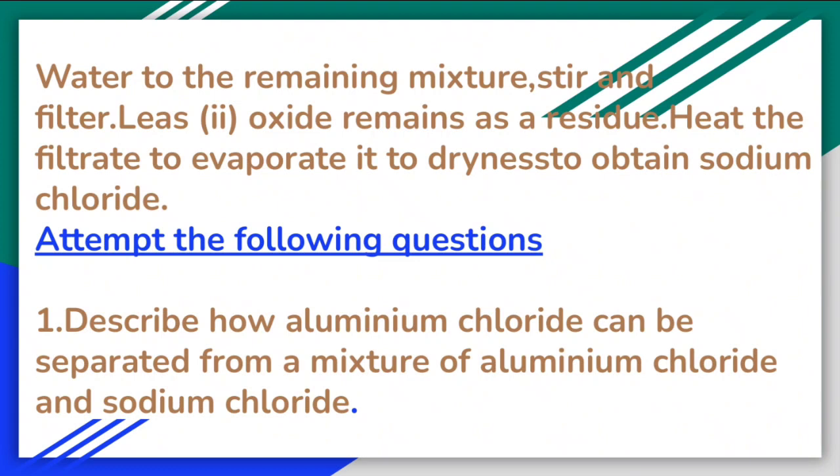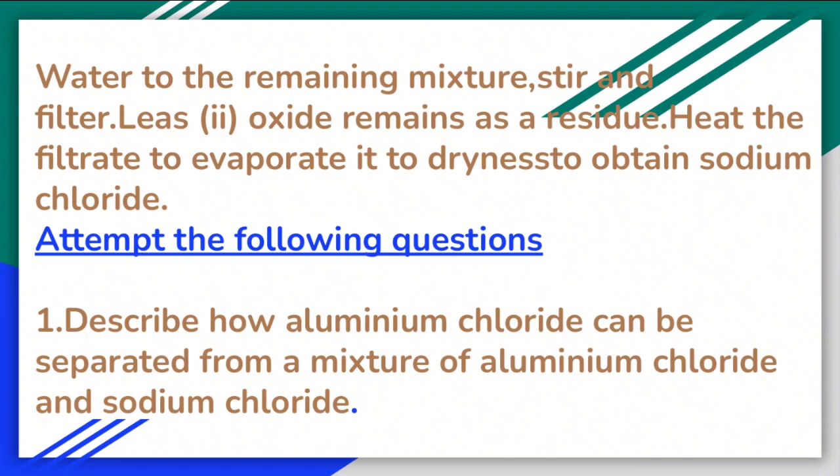Then from there, you can heat the filtrate, which we are saying is the sodium chloride, to evaporation. You heat the filtrate, evaporate it to dryness to obtain sodium chloride.